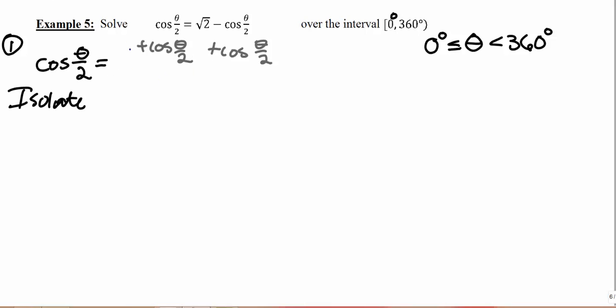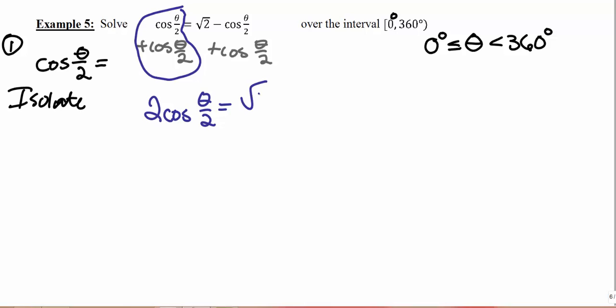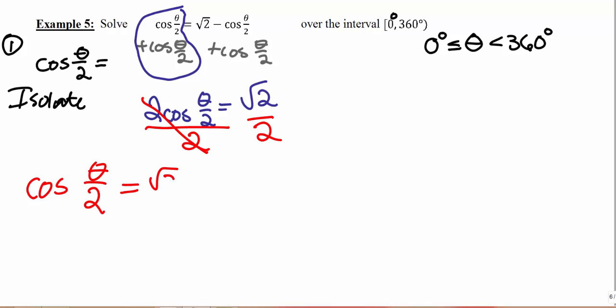Now on this side, we have two of those, 2 cosine theta over 2, equals square root of 2. And we want to get cosine of theta over 2 by itself, so we need to divide both sides by 2. Now we have cosine theta over 2 equals square root of 2 over 2.